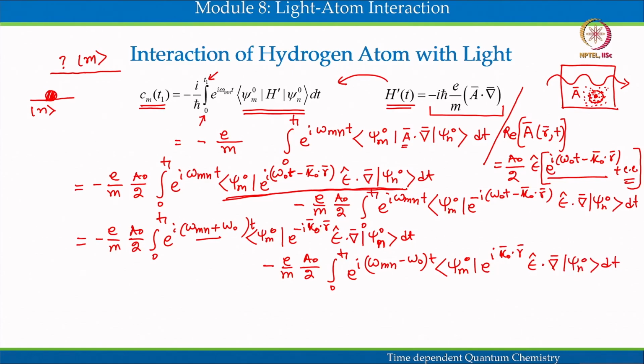What we see now is that the integration in the bracket is over the entire r space, and r is a vector right now, and this integration is over time.